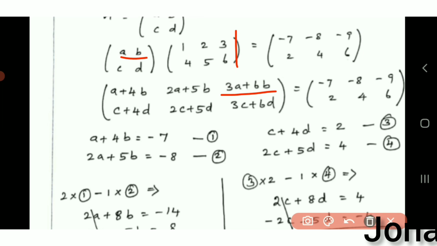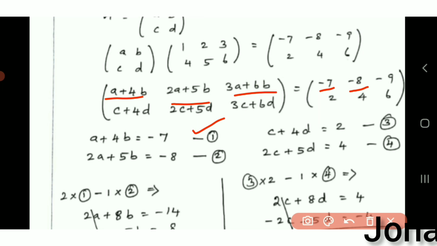And then second row, first column, then second row, second column, then second row, third column. Okay, and then we can equate the things: A plus 4B equal to minus 7. 2A plus 5B equal to minus 8. And then 3A plus 6B.